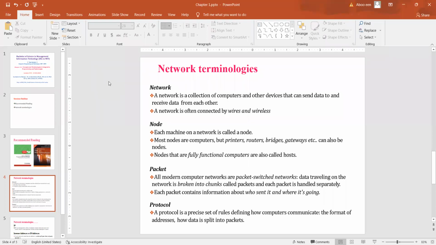For wireless, different types of wireless networks are there, and satellite connectivity also. Now you can understand a network is a collection of computers and other connected devices, and the ultimate purpose is to share data and information between and among them.